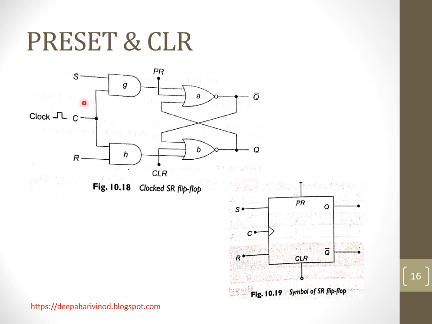In the same way, when C is 1, then whatever input is given to the S pin will appear at this point. And in the same way, whatever input is given to R will appear at this point. That is, I can say 1 into S here and 1 into R here. Now the latch is operational.